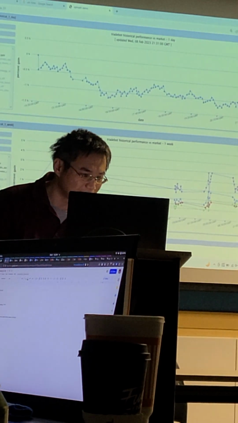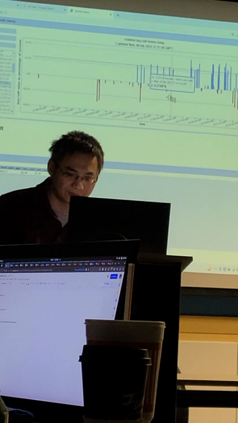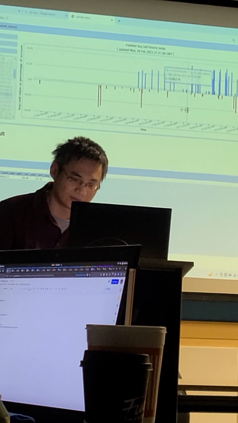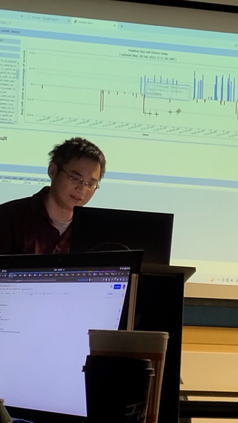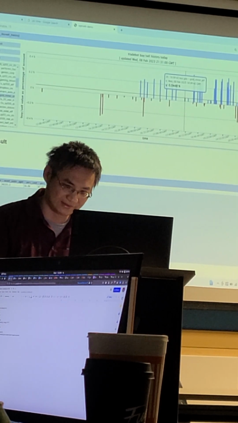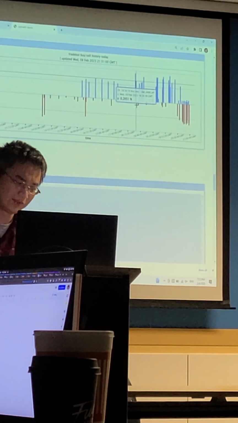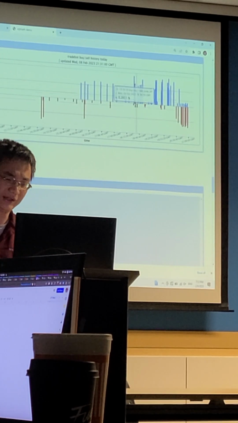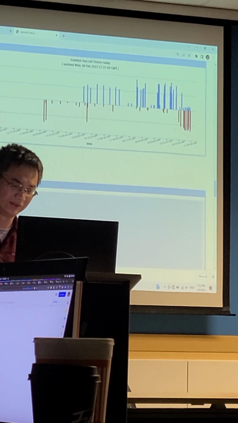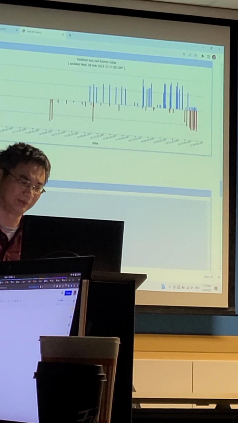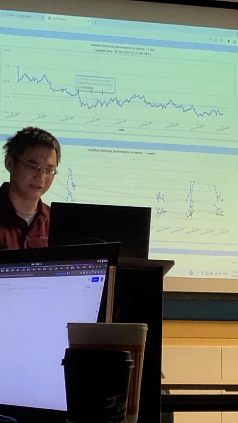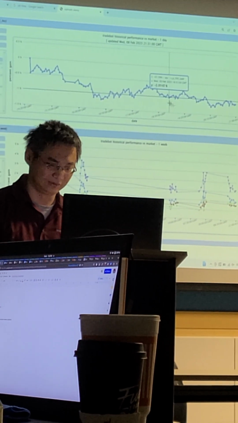If I go back to the buy-sell history, it should be around right here. No, I don't see any. Okay, the reason is that there's another parameter that determines whether it buys or sells stocks, and it's based on predictions. But I didn't have the time to explain it. I'll try to explain it when time is over.